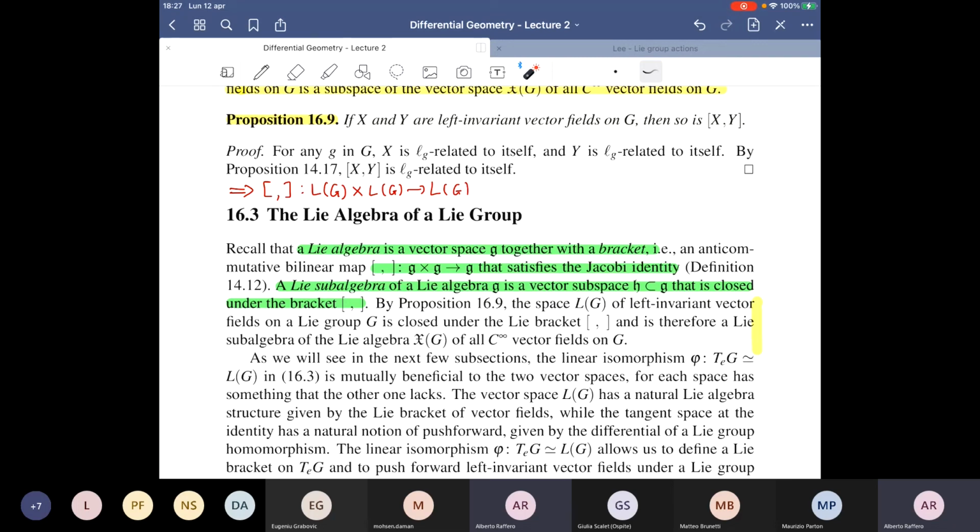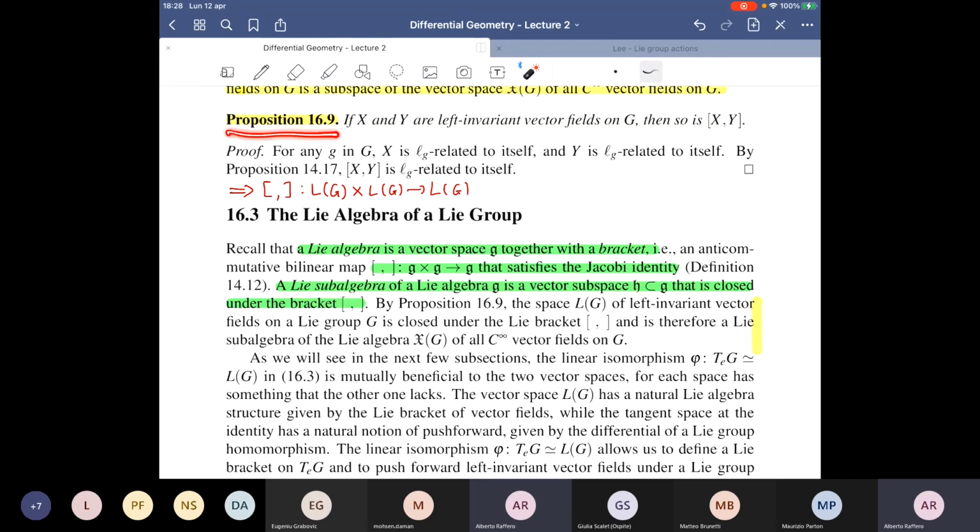And of course, you can talk about Lie subalgebras, which are vector subspaces that are closed under the bracket. This means that you have a vector subspace, in this case, this Gothic h. And if you take the bracket of any two vectors inside h, you will end up with a vector inside h. If this happens, you call the subspace h a Lie subalgebra of the Lie algebra g.